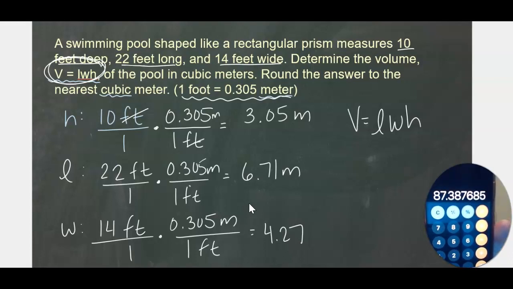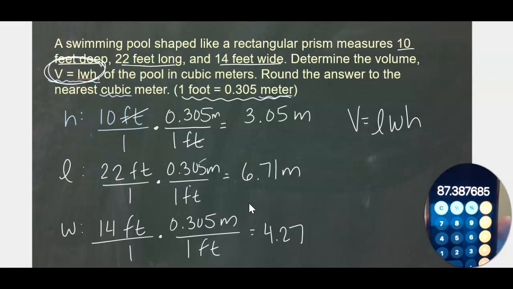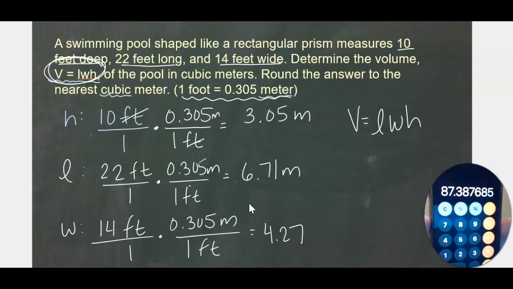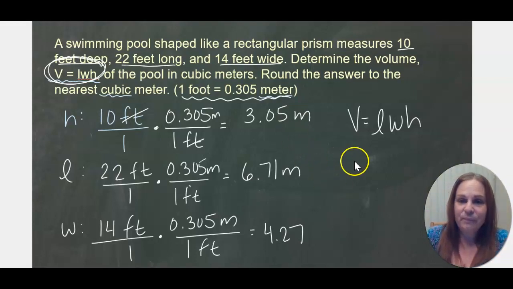Since the next number is a 3, the 7 is going to stay where it is, right? Because if the next number is 4 or below, keep it low. 5 or above, give it a shove. It is 4 or below, so I'm going to keep it low. And it's going to be 87 cubic meters.